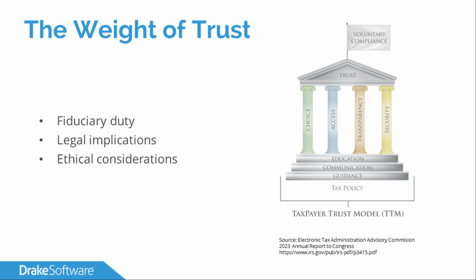Now, this graphic is a model that I won't be describing in full, but I highly recommend you look up the Electronic Tax Administration Advisory Commission's taxpayer trust model. When you think about elements of trust, it's easy to see how privacy fits in there. When you think about, and we'll get to the rights, personal rights and consumer rights associated with privacy, they're not too much different from what we see in the pillars of trust.